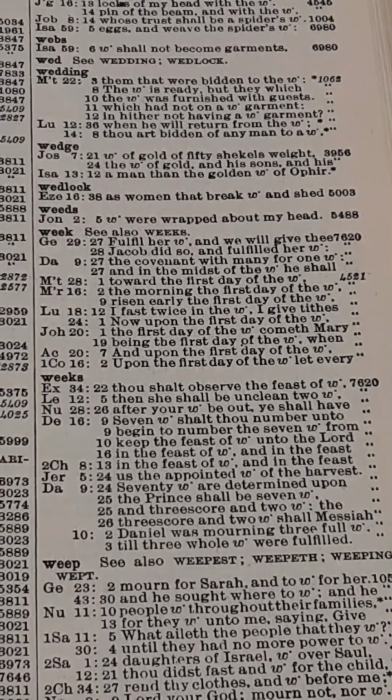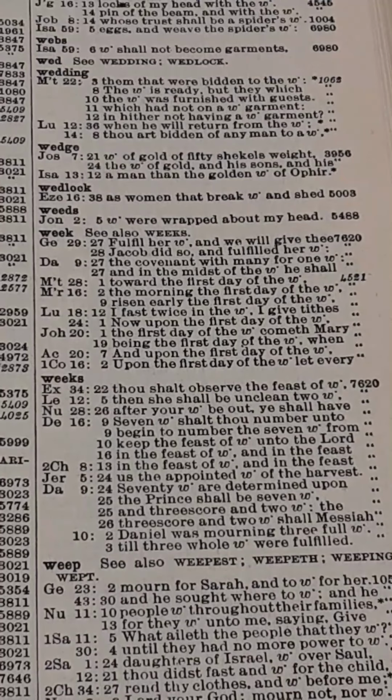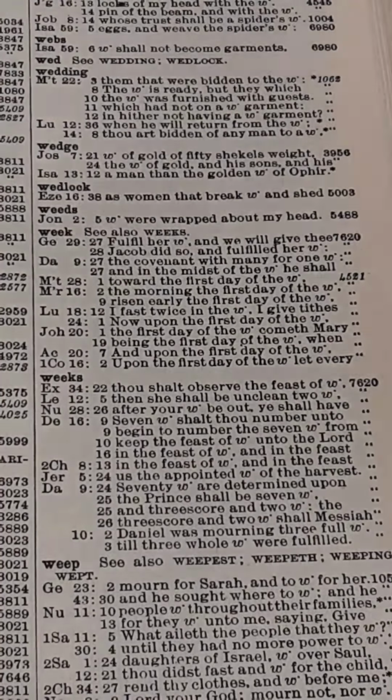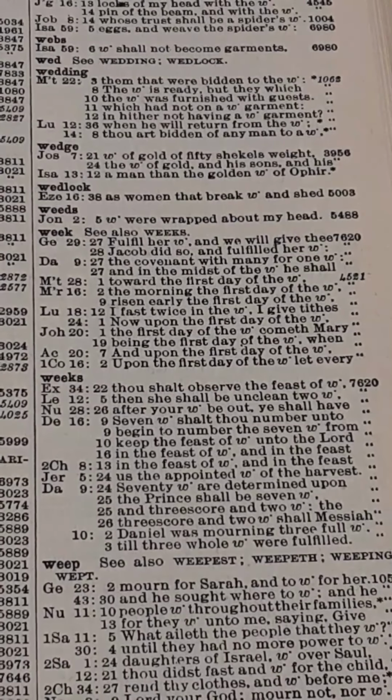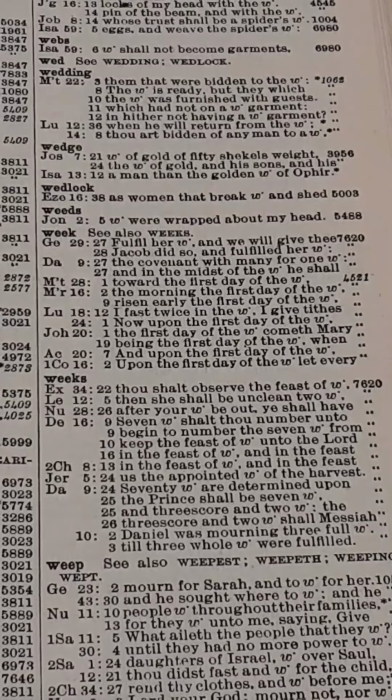So knowing that it means simply a group of sevens is really helpful. It could be either 7 days or it could be 7 years. So you've got to read these various other passages to get the context of the specific verse that you're trying to learn about.